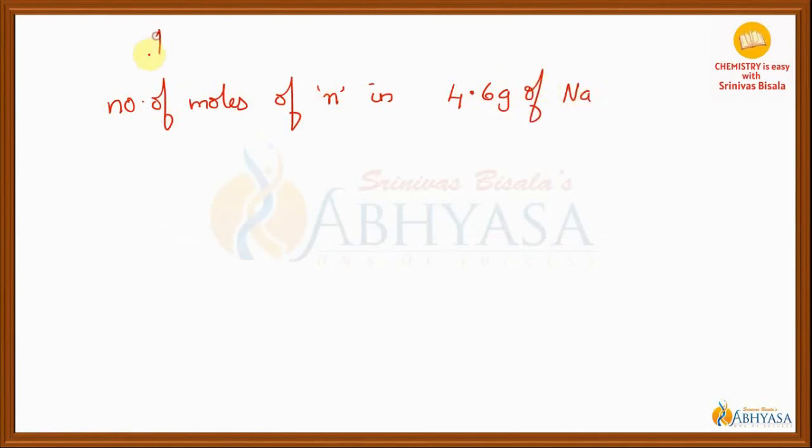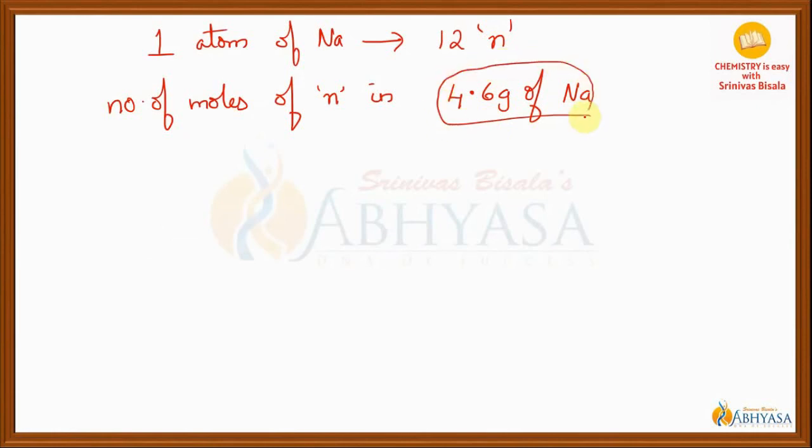We already know that in one atom of sodium we have 12 neutrons. So first we need to calculate how many atoms are there in 4.6 grams of sodium. And remember, there is no need to calculate the number of atoms here because we need the final answer in terms of moles. So that is the reason we simply calculate the number of moles.